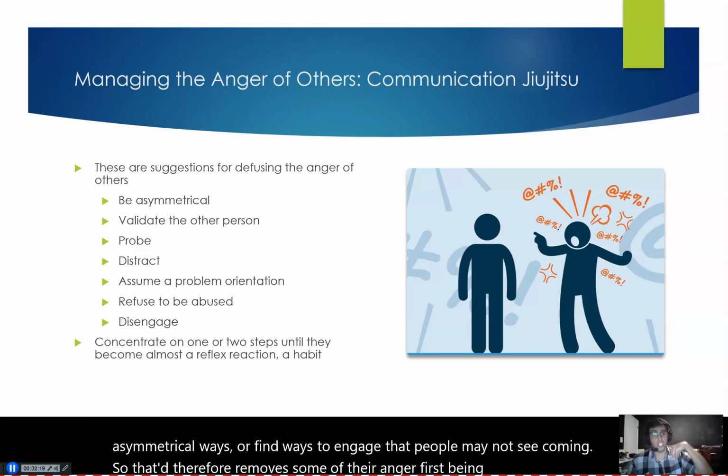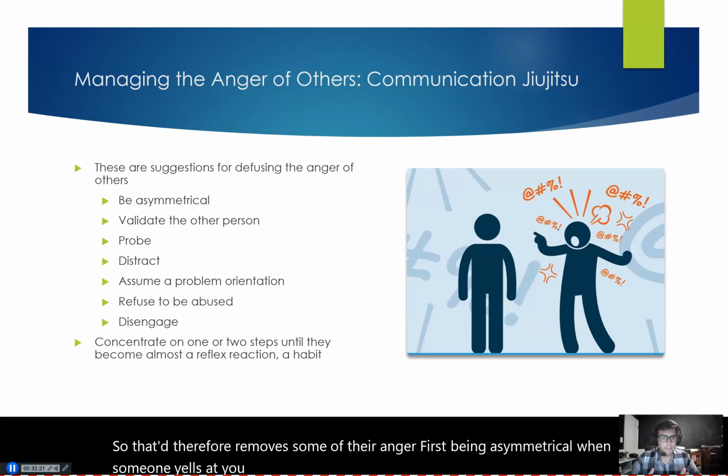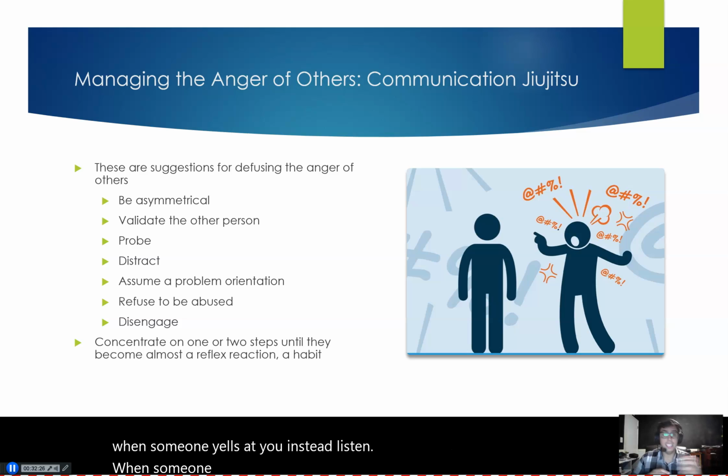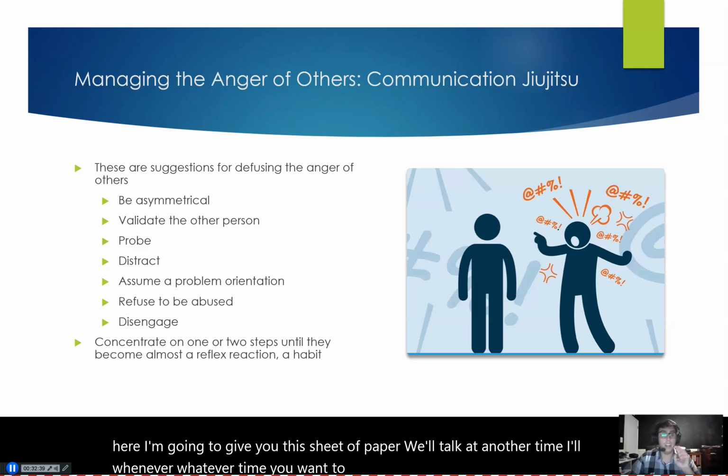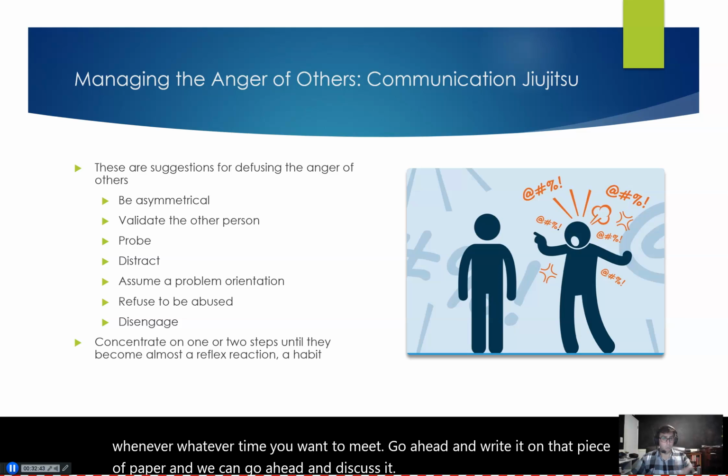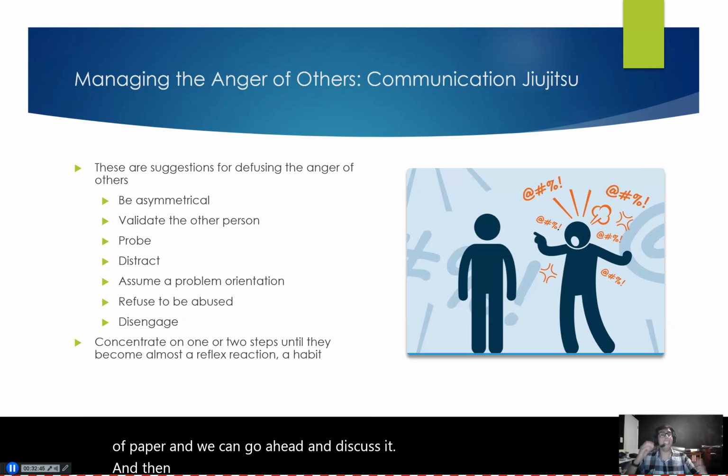When someone yells at you, instead listen. When someone is avoiding you, instead try to engage them further. Or, say, hey, here, I'm going to give you this sheet of paper. We'll talk at another time. Whatever time you want to meet, go ahead and write it on that piece of paper and we can go ahead and discuss it. And then leave them. At that point, it's not escalating, it's being asymmetrical.